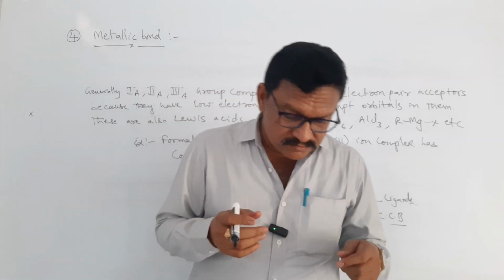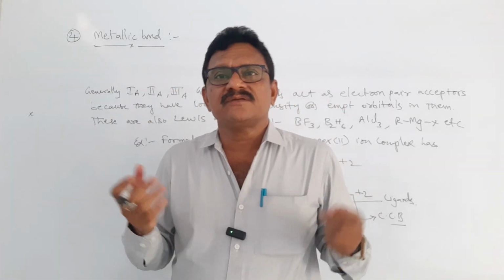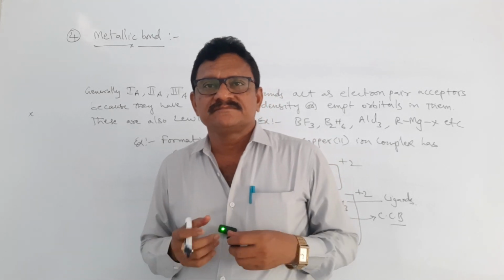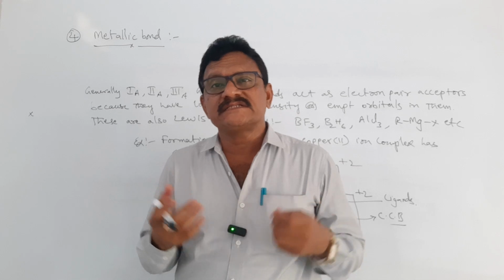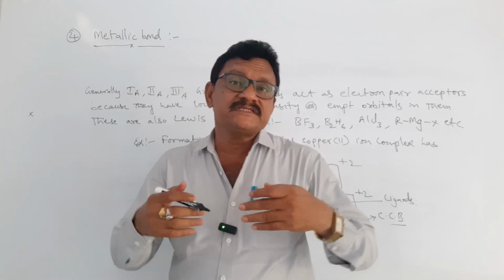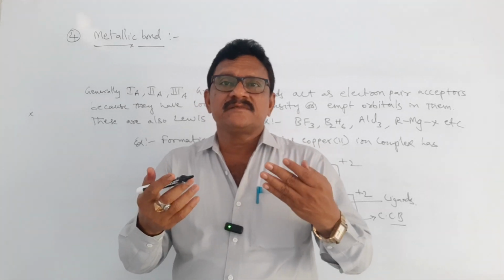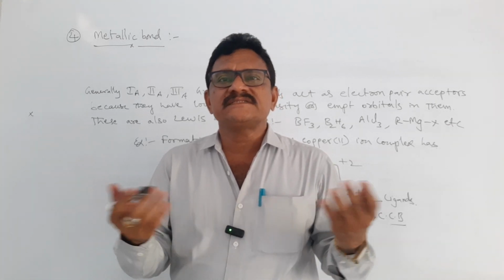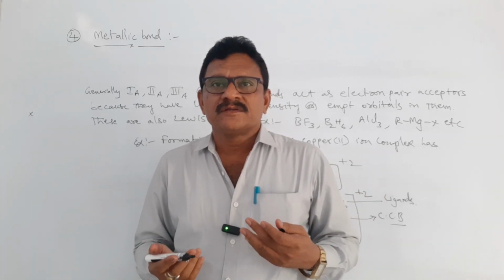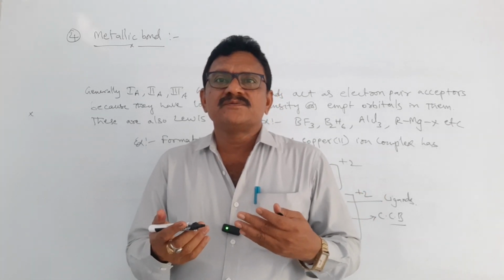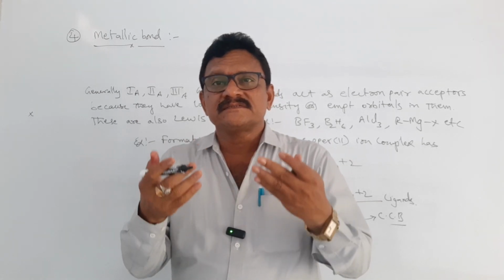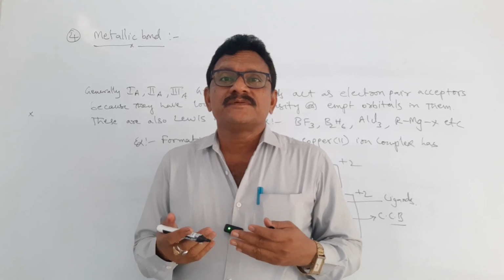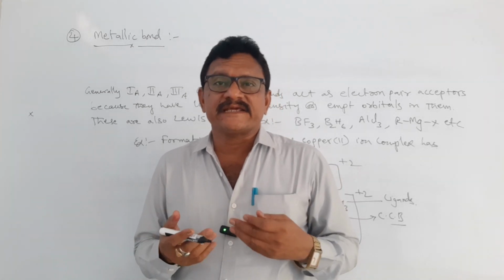You know, by nature, metals are electropositive and have low ionization energy, so they easily lose valence electrons. Due to the loss of electrons, metal atoms are converted into metal ions, nothing but cations.